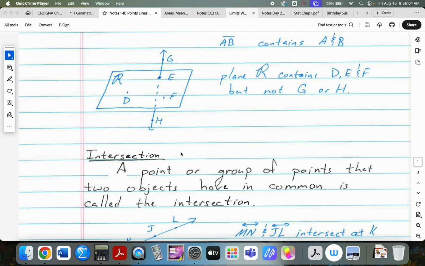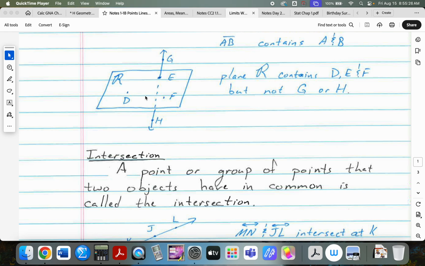So what that line actually looks like, notice that in this region, the line becomes dotted. So in technical drawings, engineering drawings, architectural drawings, all those kinds of things, if there is something behind something else, the way that they'll designate that is with a dotted line, and we do the same thing.